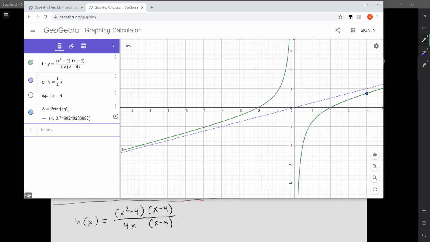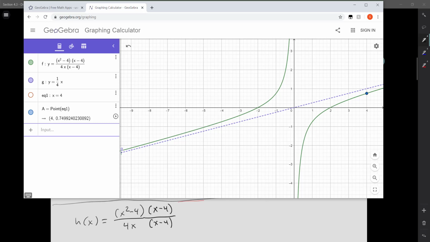And when I put that in, it was actually exactly that. The x squared minus 4 part gives me my x-intercepts at plus 2 and minus 2.